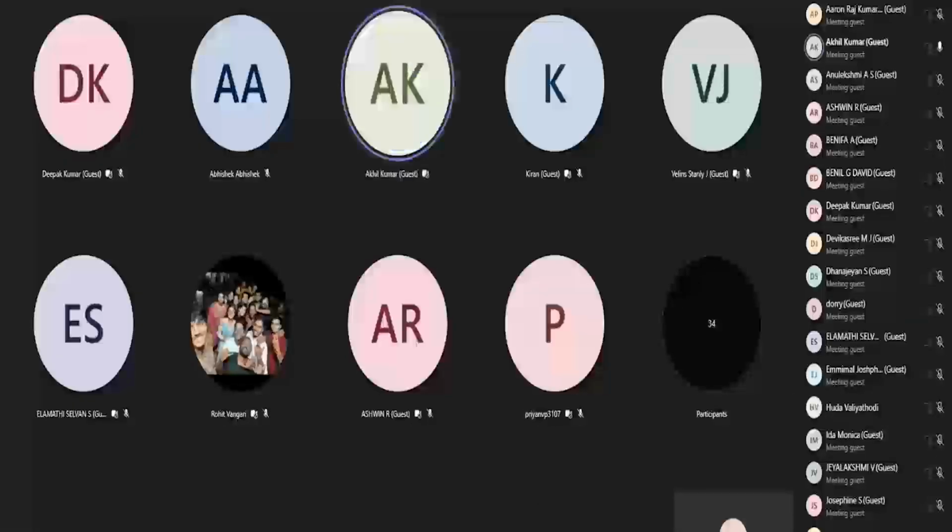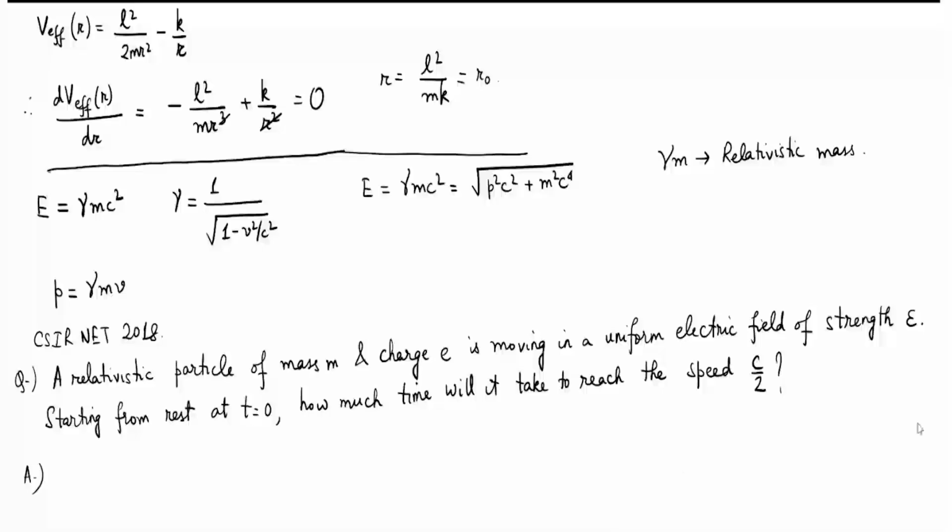Sir, force F is dp by dt. F also equals q into E, that is e times epsilon. So what is F in terms of momentum or velocity?